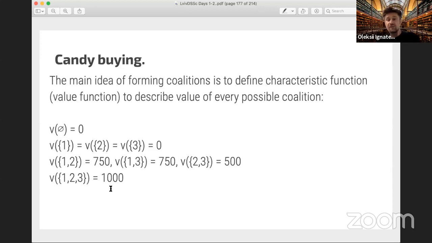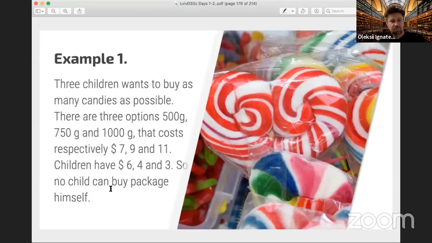So suppose that, how do you think, what proposition is reasonable to you? How many candies should get first, second, and third player? If the rules are like this, they have 6, 4, and 3, and the packages cost 7, 9, and 11.